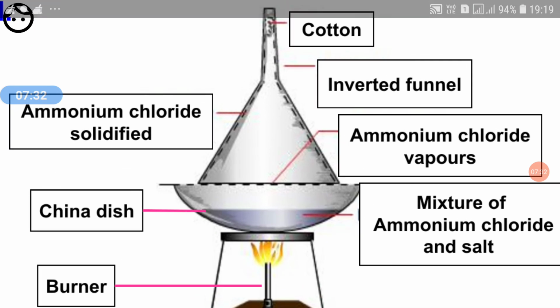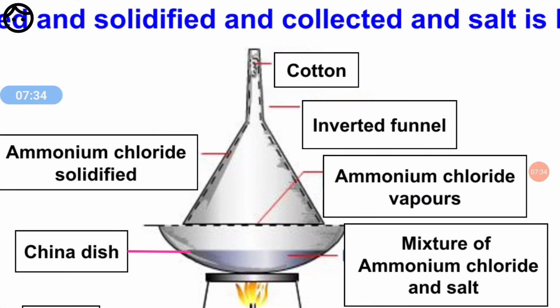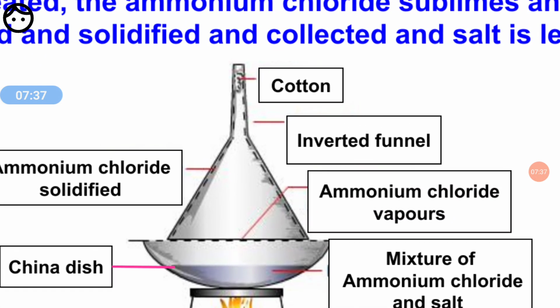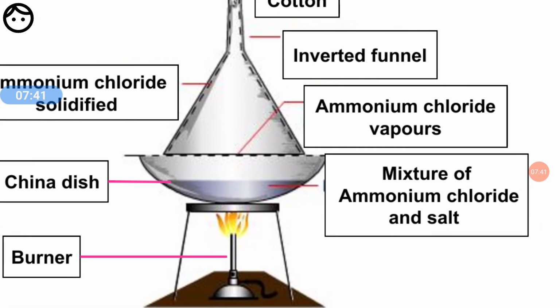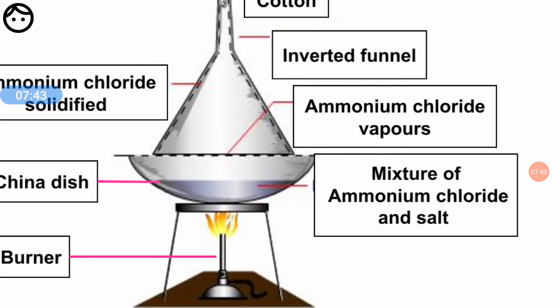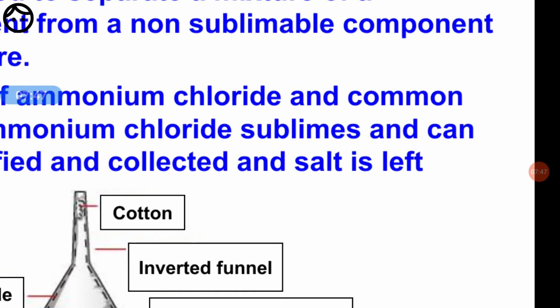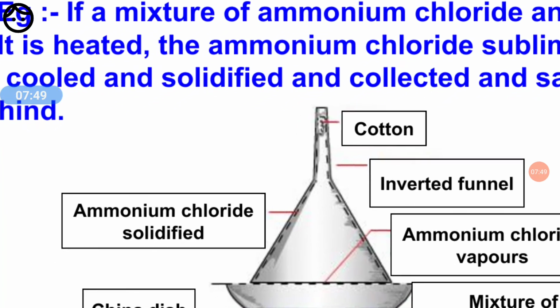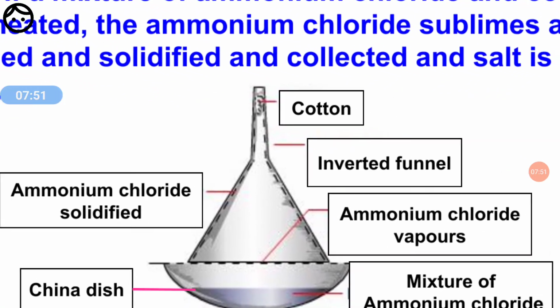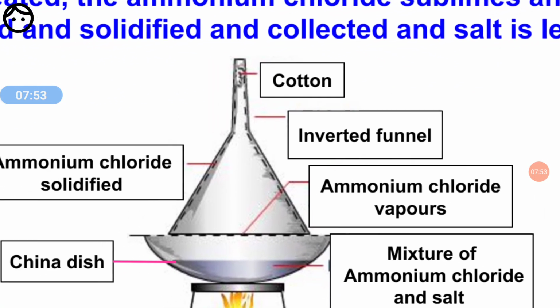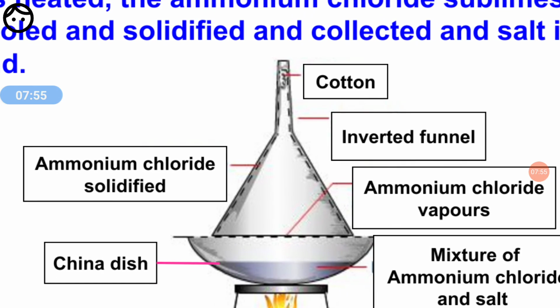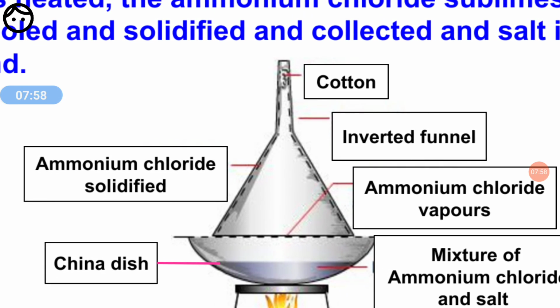Then close the funnel with the help of a cotton ball. Now start heating this china dish. After some time you will find that the particles of ammonium chloride solidified and collected over the wall of the funnel, and the salt remained in the china dish. So what happened? Ammonium chloride is a sublime substance.